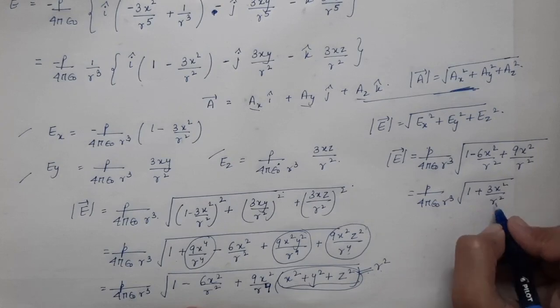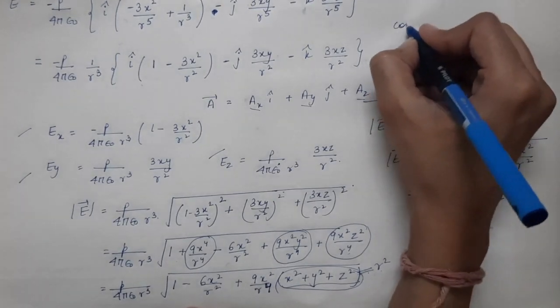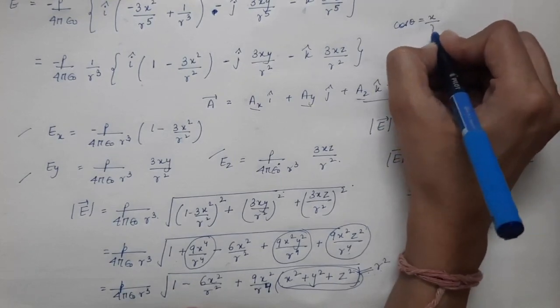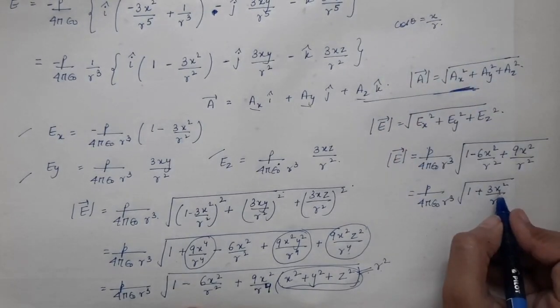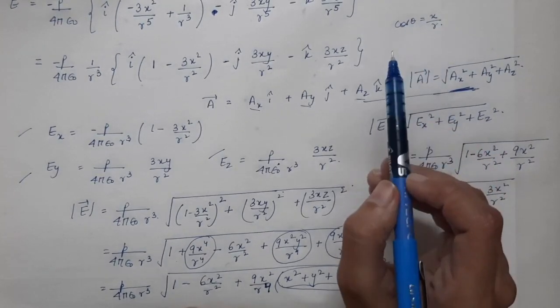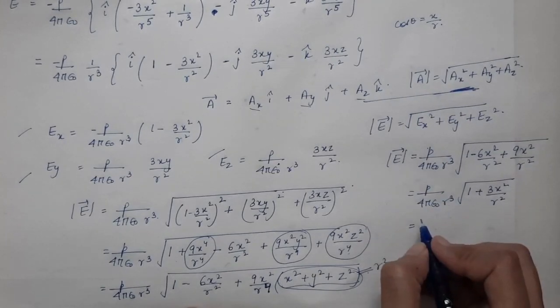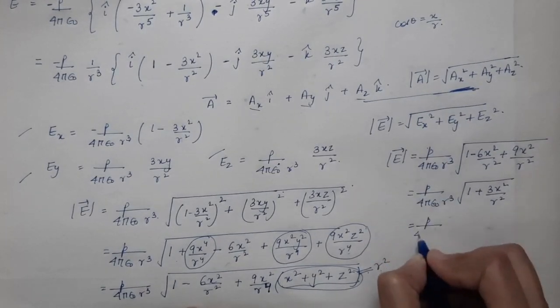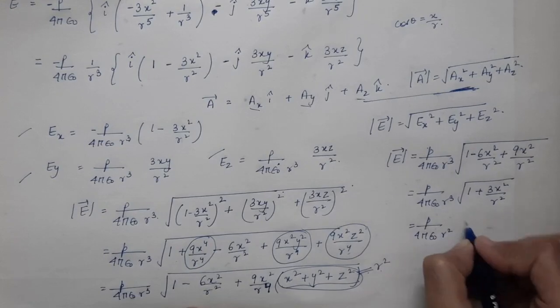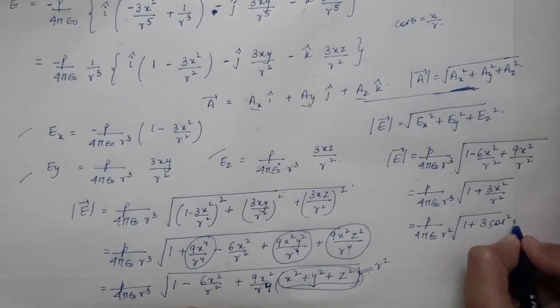Now this x by r we have already written as cos of theta is equal to x by r, whereas here we have x square by r square. So x square by r square will be equal to cos square theta. So the magnitude of the electric field will be equal to p by 4 pi epsilon naught r cube under root of 1 plus 3 cos square theta.